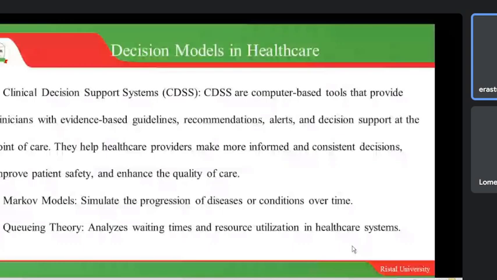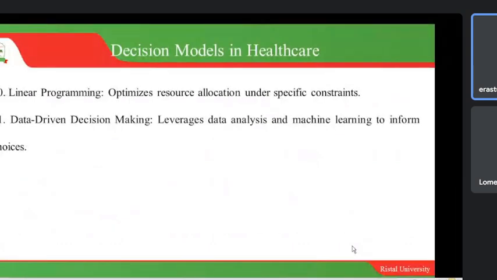Then we have what we call linear programming. These models are going to help us optimize resource allocation under certain specific constraints that we might be facing in the healthcare organization. And finally, we can use models that are data-driven.